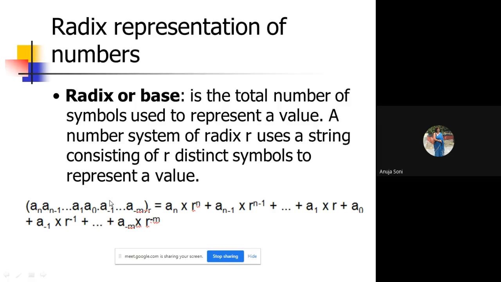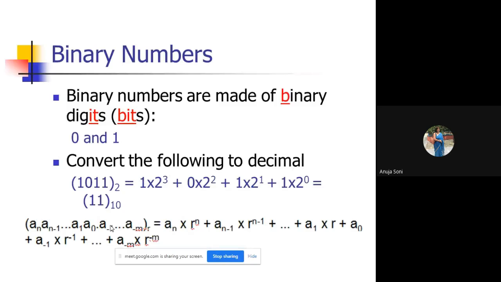Similarly, on the right hand side, each digit needs to be multiplied by R raised to the power minus 1, plus the next digit A minus 2 will be multiplied by R raised to the power minus 2, and so on. Ultimately, you have to add all these values, which will give you the final converted value in decimal form. I'm taking one example.